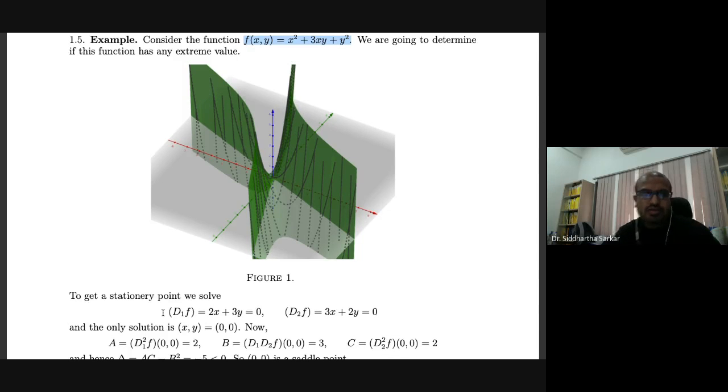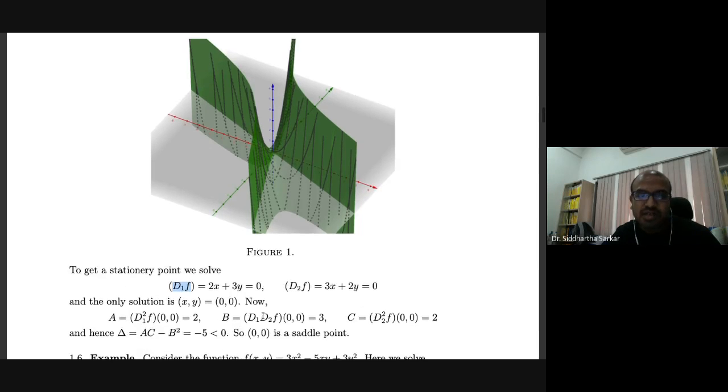To find the stationary point, what we need to do is look at nabla f equated to 0. So this is what I'm doing: the first partial derivative and the second partial derivative at the point (x,y), I'm just equating to 0, and the only solution turned out to be the origin. At the origin, if I compute d1 square f, no matter what x or y is, it turns out to be 2.